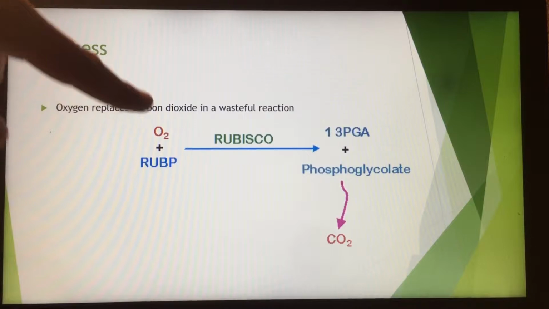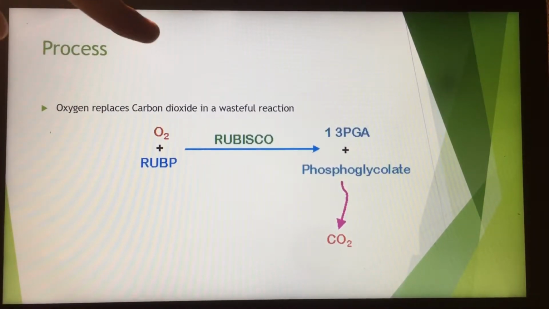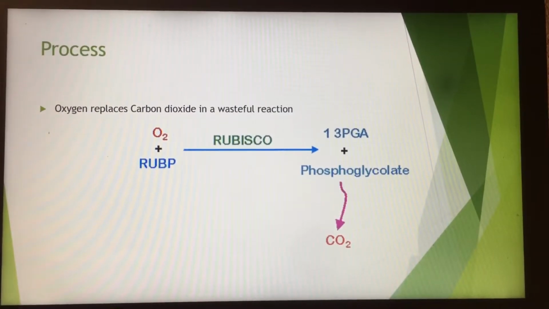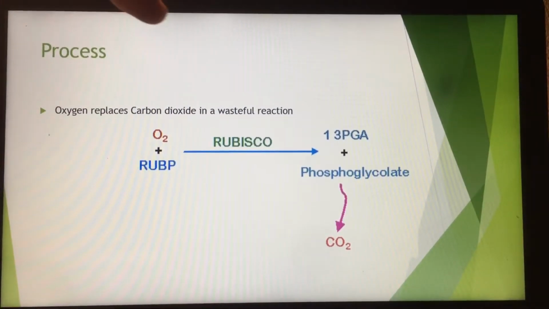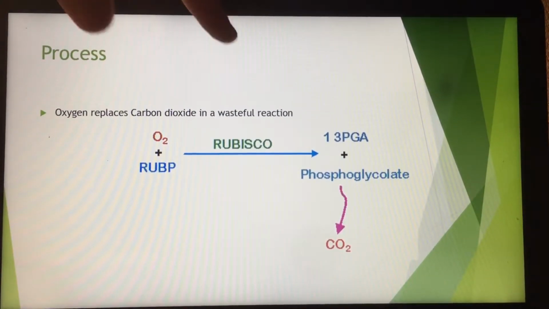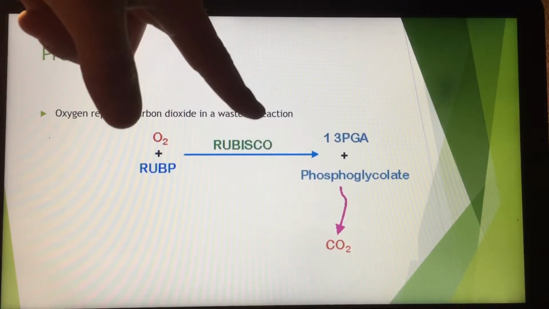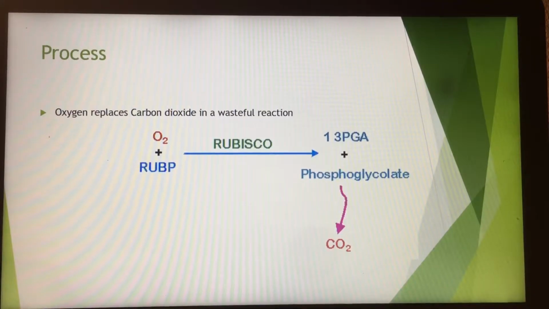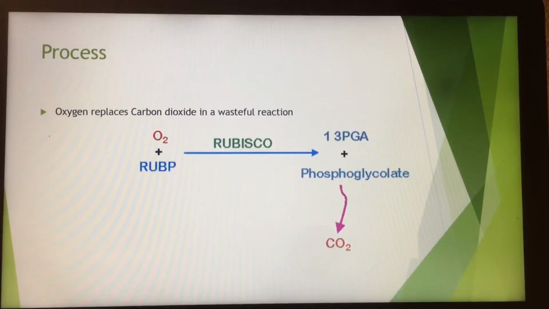So here's the ribulose biphosphate going through and forming the PGA, which is the phosphoglyceric acid, and the phosphoglycolate, and then it produces the CO2 in the atmosphere.